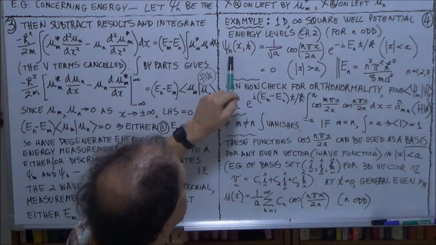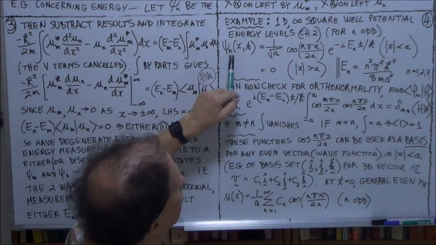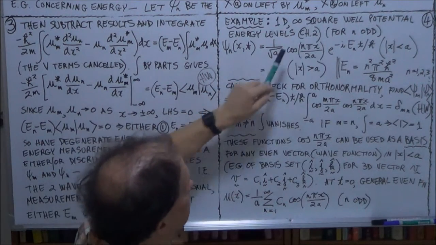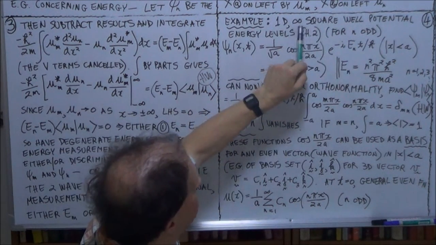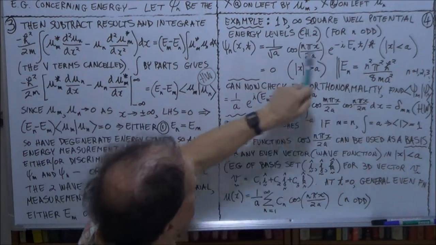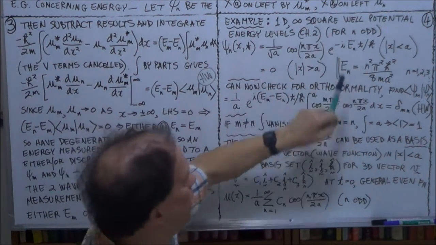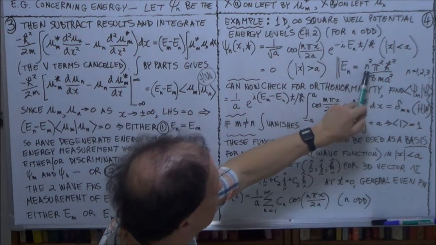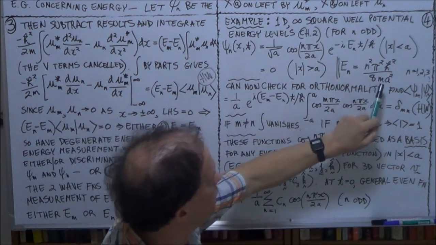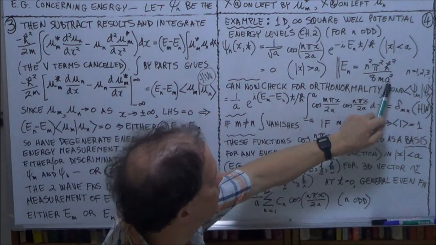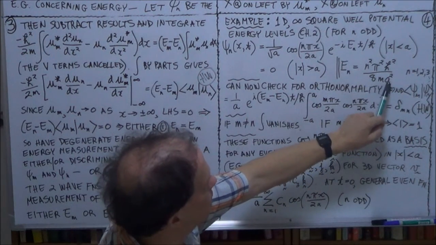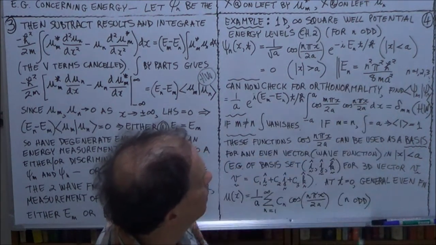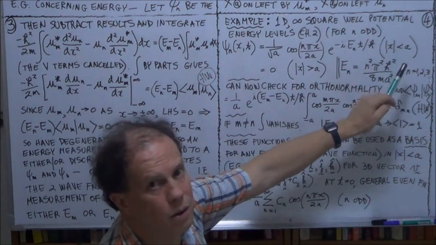And this was the solution we got to the wave function for the Schrödinger equation of this problem, the one-dimensional infinite square well. It's just revision. And these allowed energy values took this form: n squared pi squared h bar squared over 8 m a squared, and a is half the size of your well.